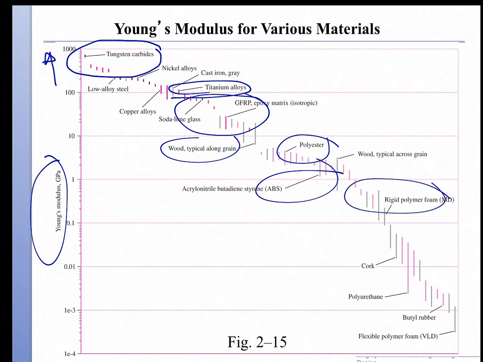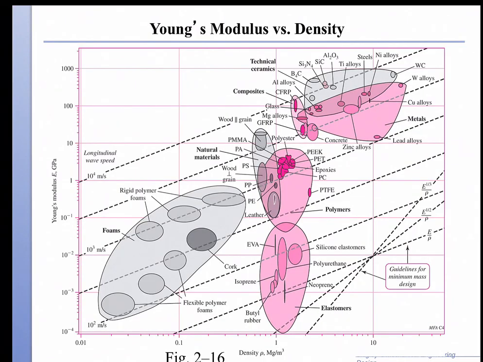And finally, if we want very stretchable materials, for example, for applications in the new kind of electronics, like flexible screens, then you have to develop flexible polymers that have very, very low elastic modulus.